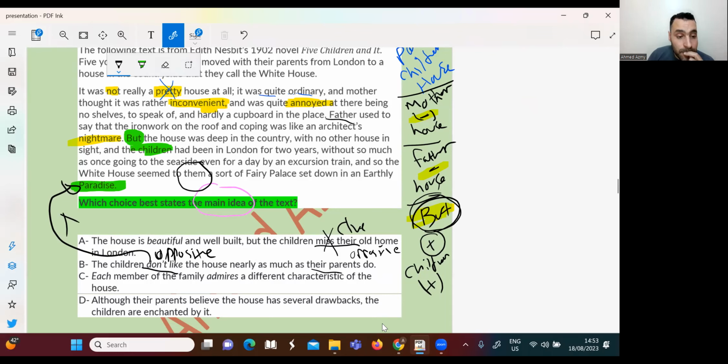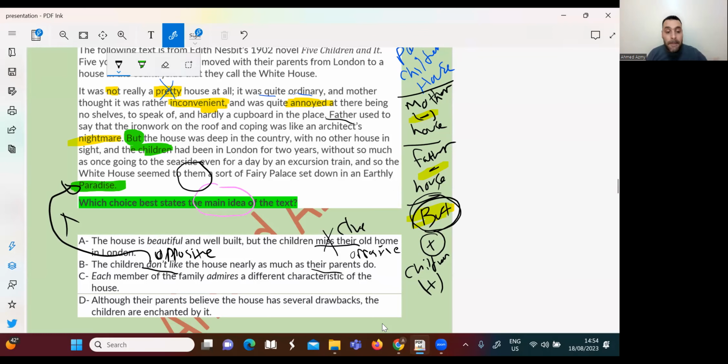Let's go to C. Each member of the family admires a different characteristic of the house. When he says each, it means each. Do you have a problem in choice C? Yes. What's the problem? The father didn't like the house, and the mother.